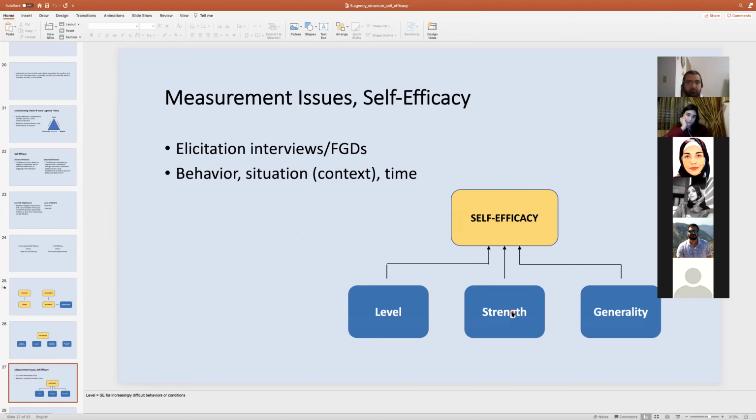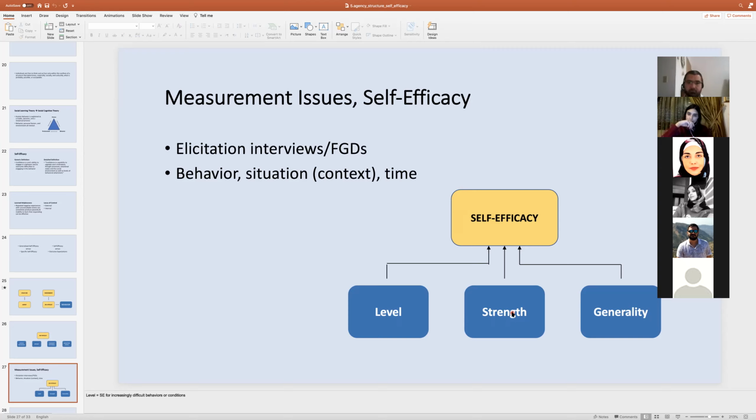The one thing I want to emphasize, and it's similar to what we talked about with respect to the theory of reasoned action and planned behavior, is that when you're thinking about self-efficacy, or trying to measure it, or trying to work on it in an intervention, you really need to think about the context.